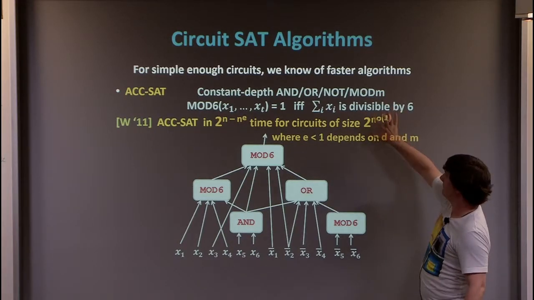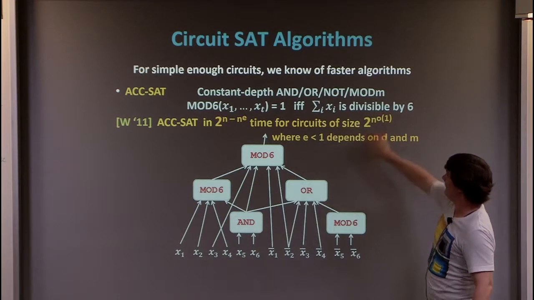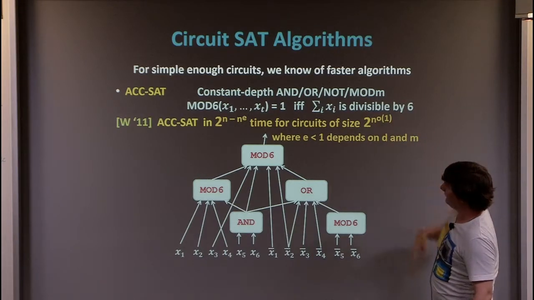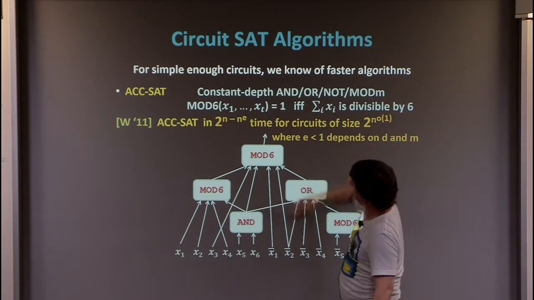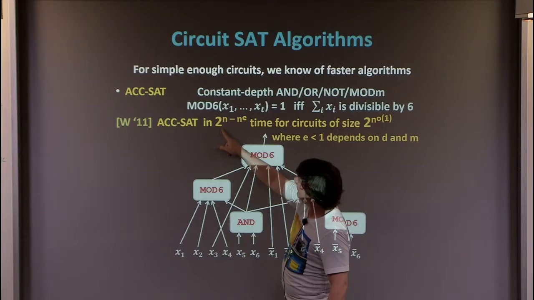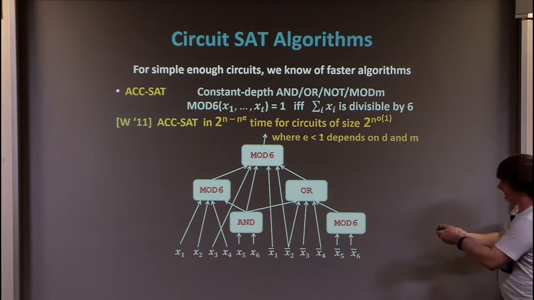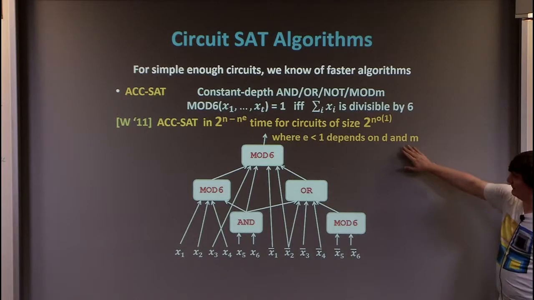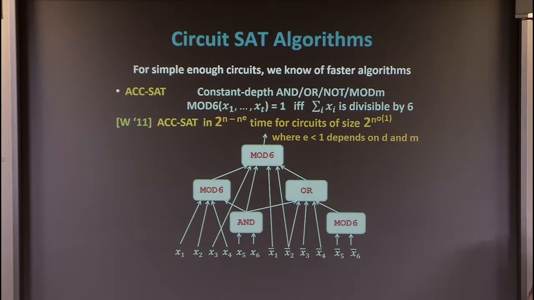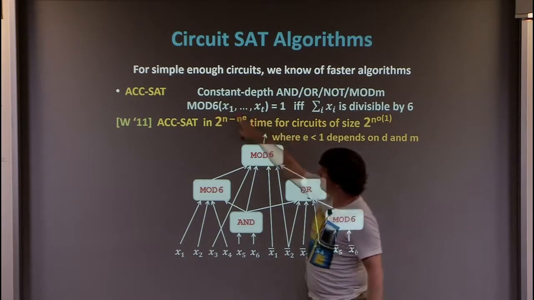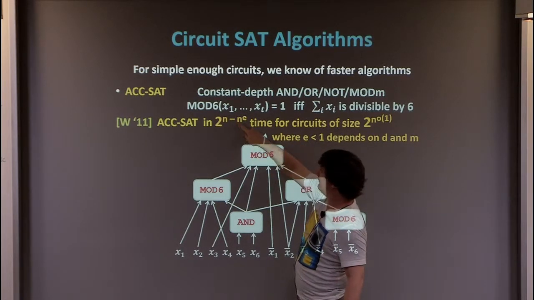You think of this maybe as quasi-polynomial in n. Then you can solve ACC SAT in 2 to the n minus n to the e time, where this e is less than 1 and depends on the depth and modulus. But no matter what d and m are, if they're constants, then you get some e, and you divide brute force search by 2 to the n to the e.